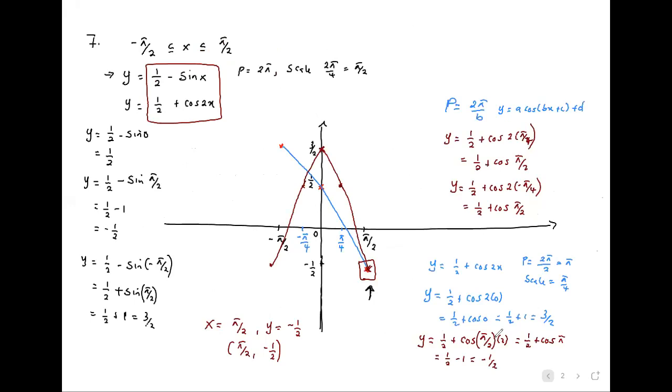So let's substitute this in the first equation. y is equal to half minus sine of negative pi over 6.